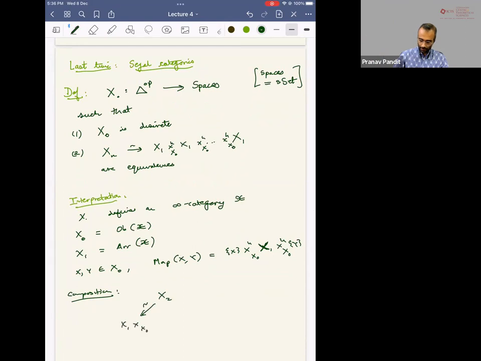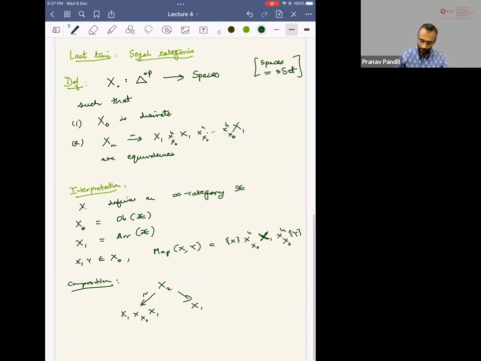So it's not really a map from X1. You take two composable arrows. You would like to define a map that gives the product of those two arrows. There isn't such a map, but it's only well defined in the homotopy category.